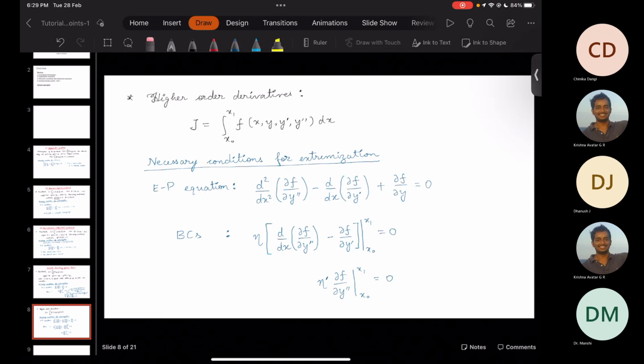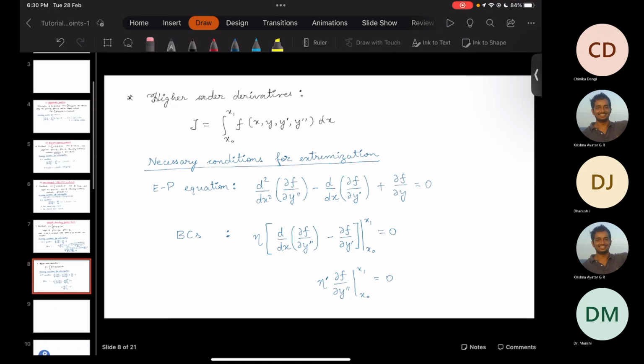And the boundary conditions are eta into d by dx of dou f by dou y double prime minus dou f by dou y prime at x naught and x1, both have to be equal to 0. And eta prime dou f by dou y double prime at both the ends also has to be equal to 0.